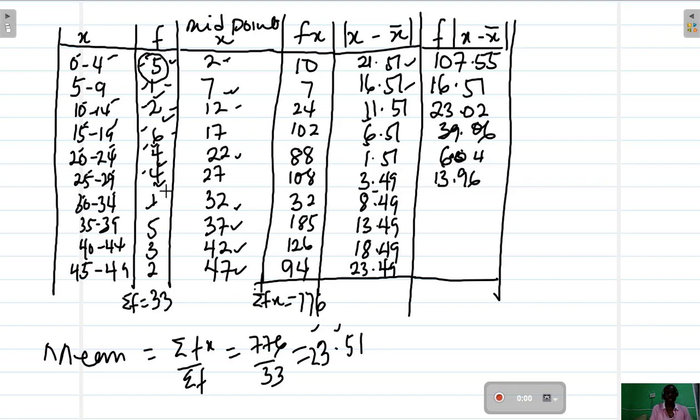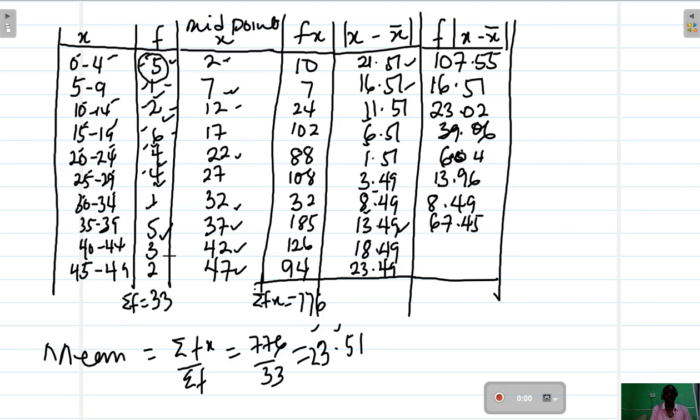Then 1 times 8.49 is 8.49. Then 5 times 13.49 will give us 67.45.